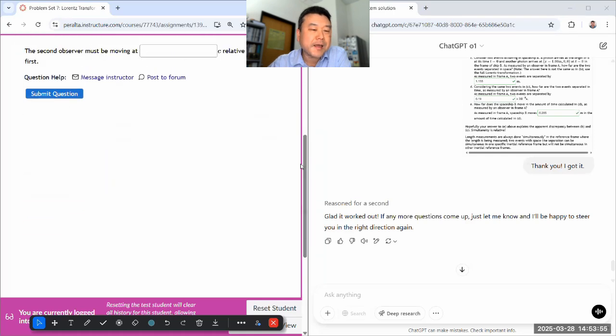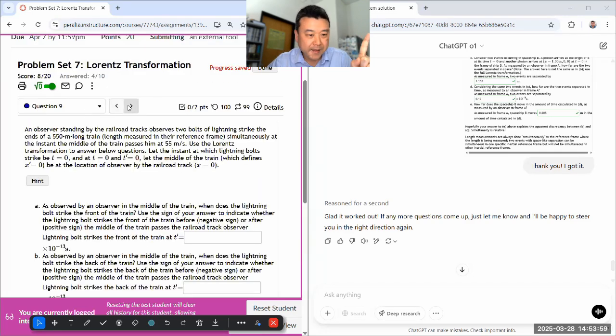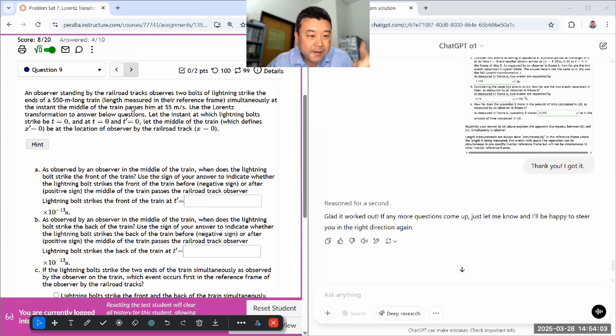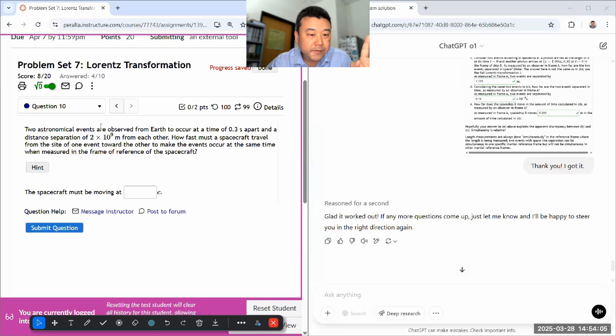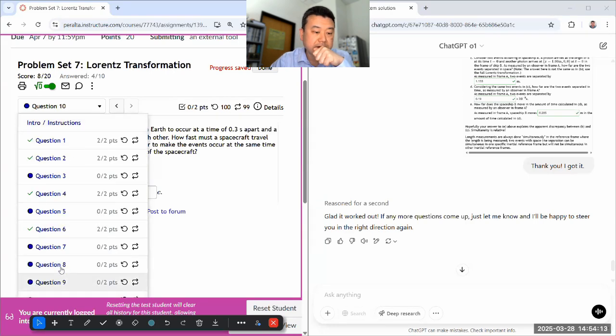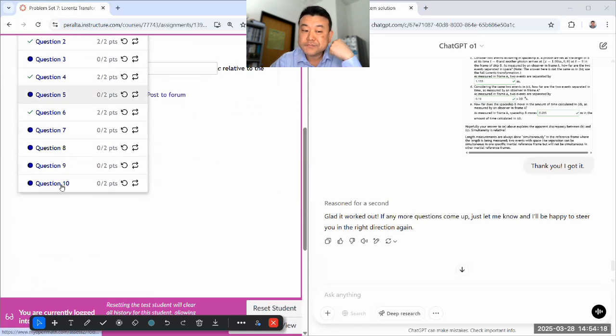So let me play a little bit dumb and check questions 9 and 10. They're not all that different. I think questions 10 and 8 are similar. Let me do 10 just because that's more spacey.